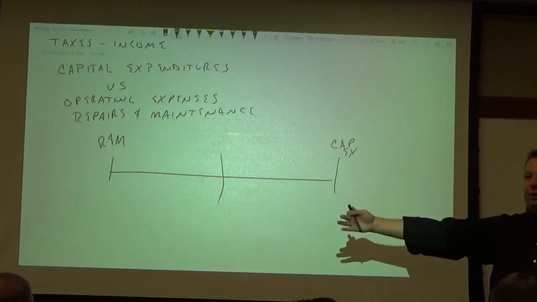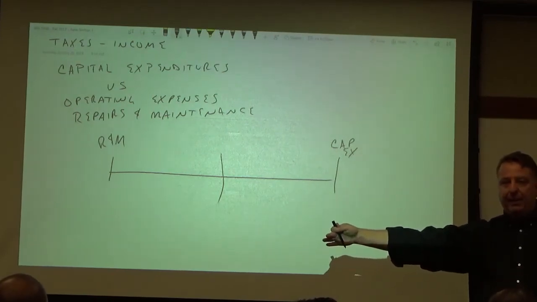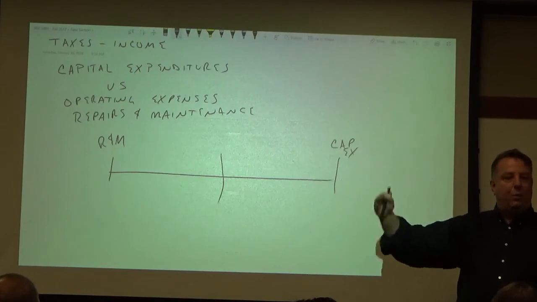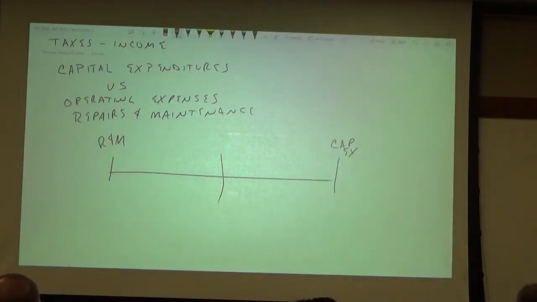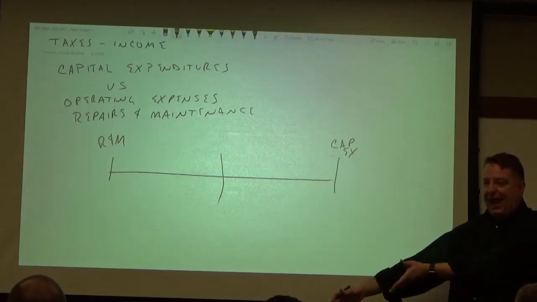So for the expenditure you made today, you're going to be able to write off 1/15 of it this year, 1/15 of it the next year, for the next 15 years. Where's the fun in that? I mean, you've made the expenditure today.